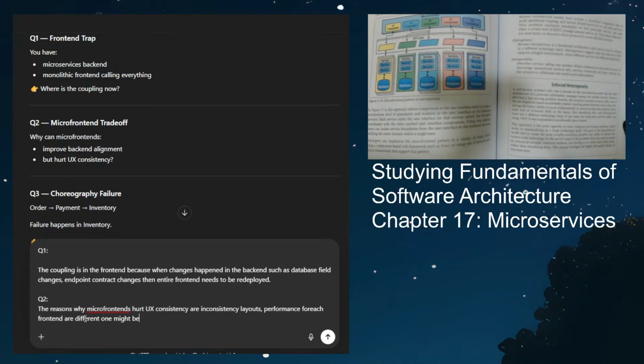One might be faster and the other one is slower. Different frameworks.